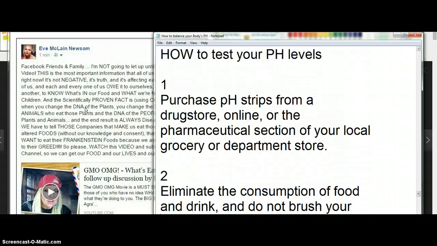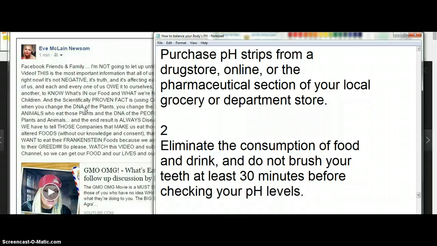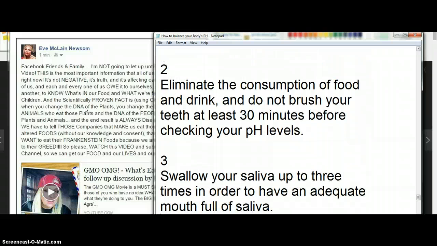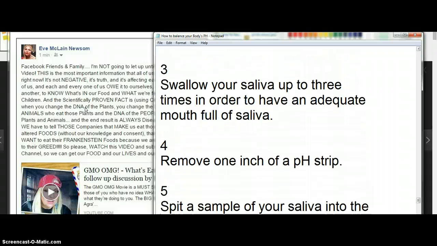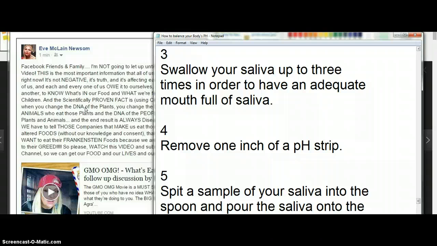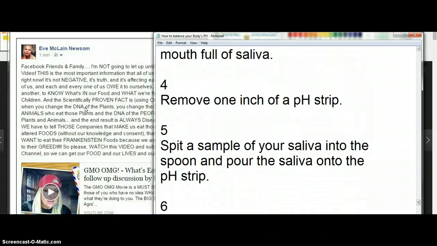So, how to test your pH levels? Purchase pH strips from a drugstore, online, or the pharmaceutical section of your local grocery or department store or health food store. Eliminate the consumption of food and drink, and do not brush your teeth at least 30 minutes before checking your pH levels. Swallow your saliva up to 3 times in order to have an adequate mouthful of saliva.